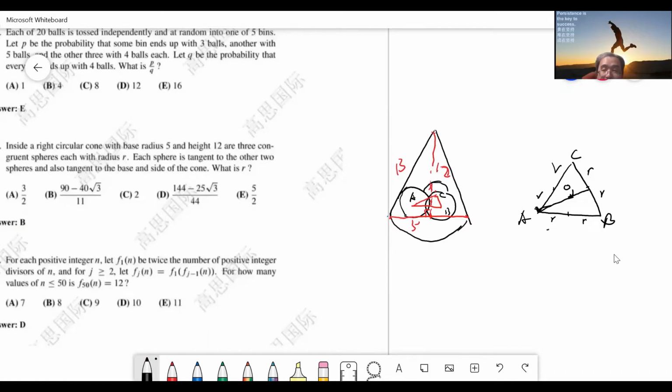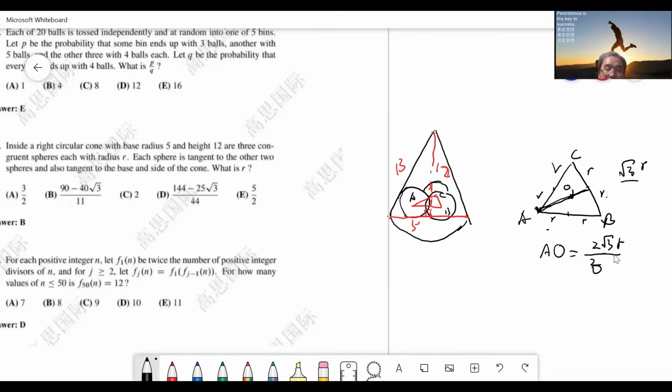If this side is 2r, this half is r, then the height is square root 3 r. And AO, this is just a property of the centroid, is going to be 2/3 of this height, square root 3 r.